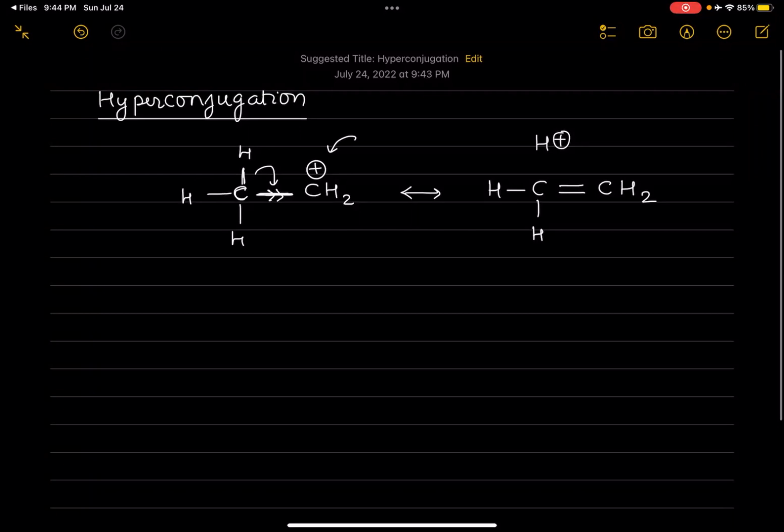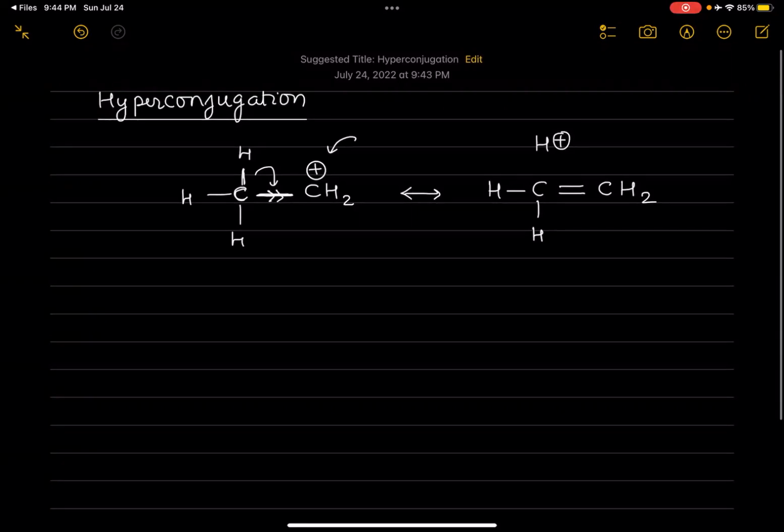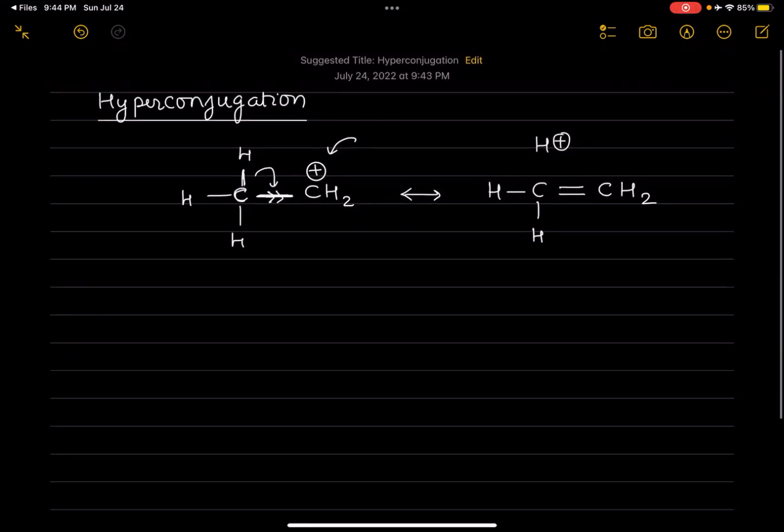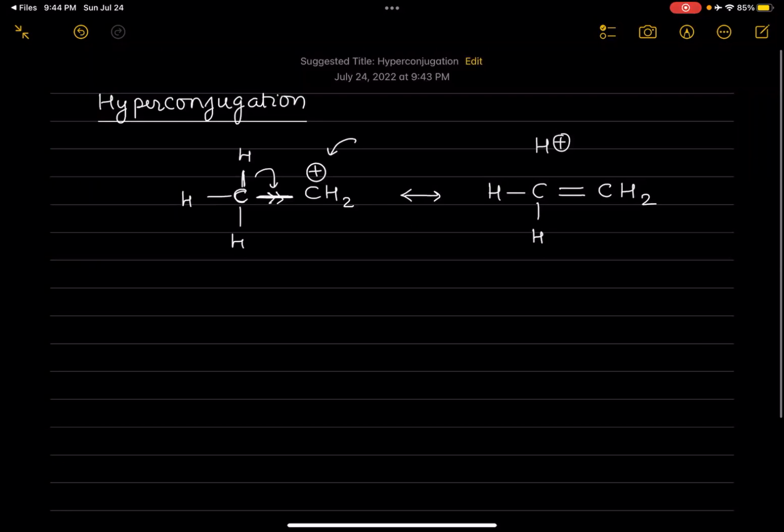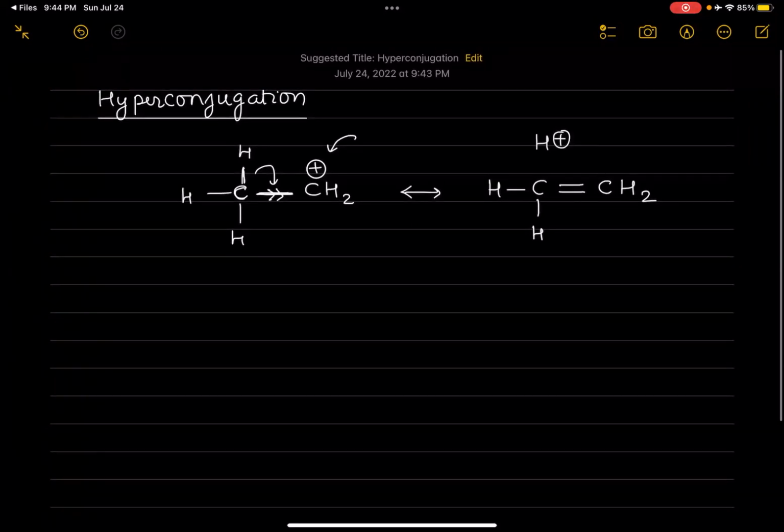Your friend is also having the food, and you are also having it, because it is shared mutually among you. Similarly, these C-H electrons get shifted towards the carbocation, but it is not permanent; they can go back to the original C-H.